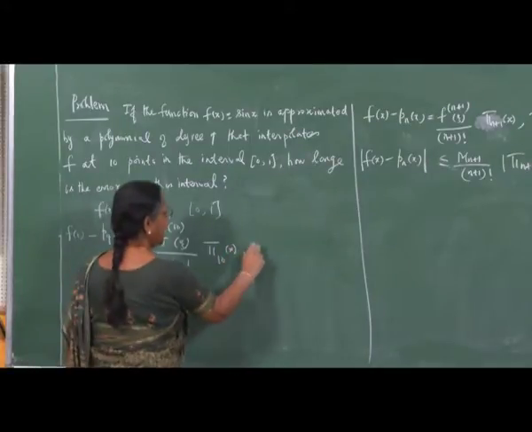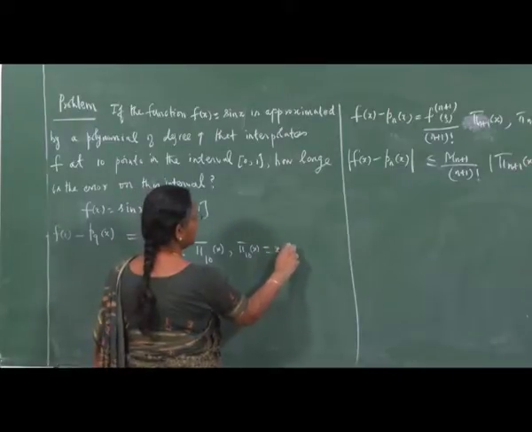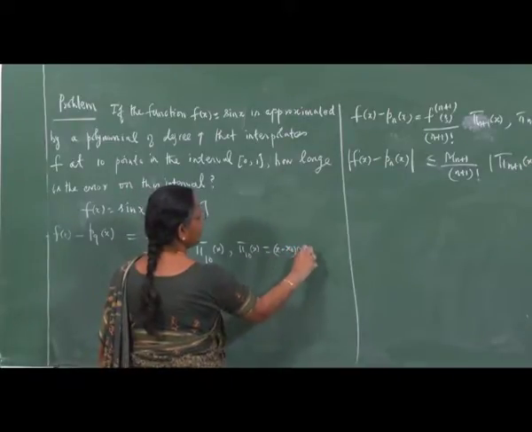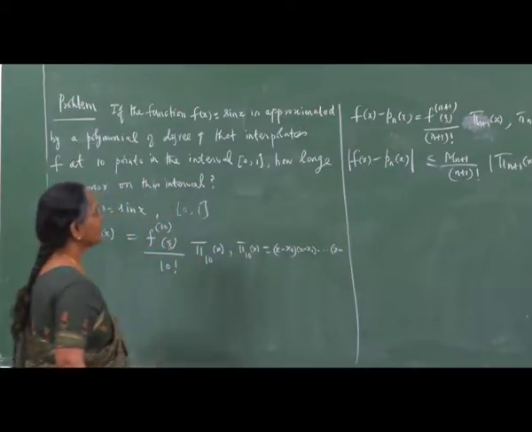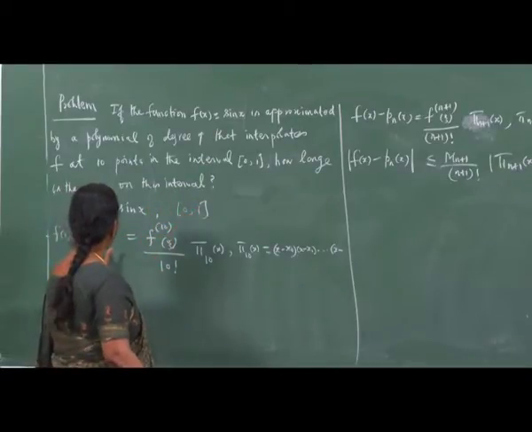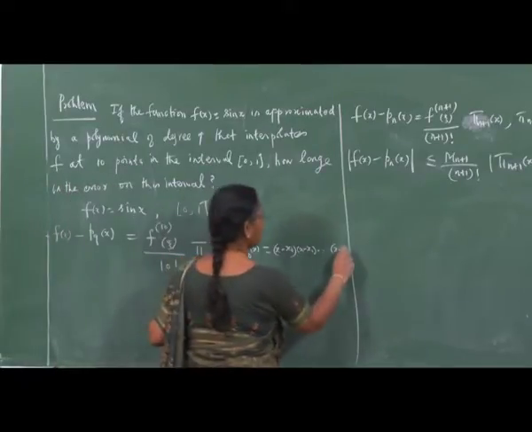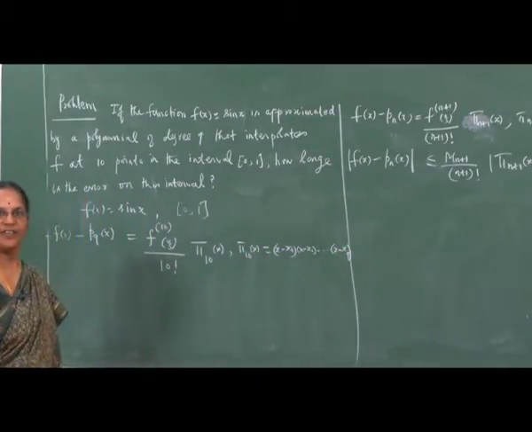What is this pi 10 of x? Pi 10 of x is (x minus x naught), (x minus x1), and so on up to (x minus x9), since n is 9. So, it is a polynomial of degree 10.